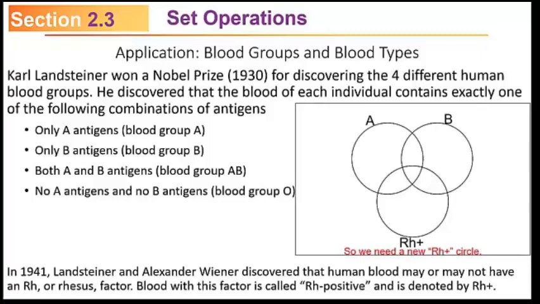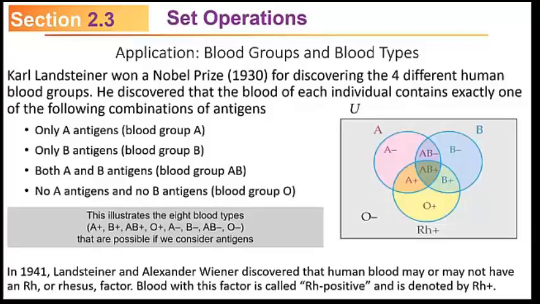Once the Rh factor was discovered, the Venn diagram goes from having 2 sets, A and B, to having 3 sets: A, B, and then a circle for the Rh positive factor. That's Rh positive. So we throw in an Rh plus circle. It makes it more complicated, but it does explain how the Rh factor fits in with the blood types.